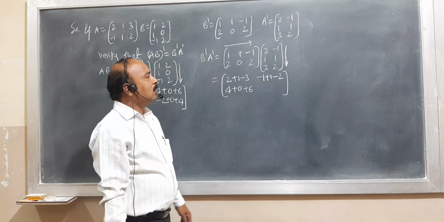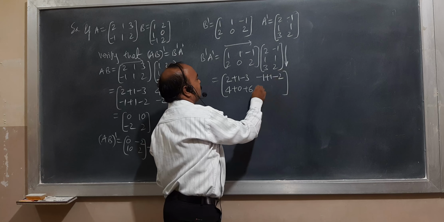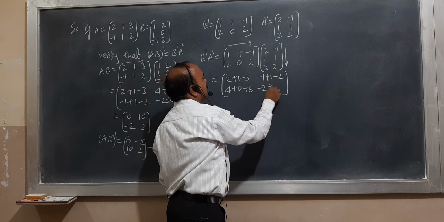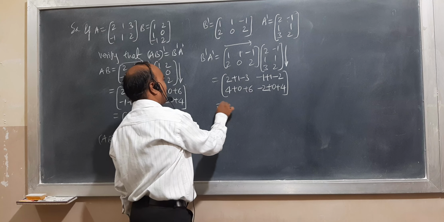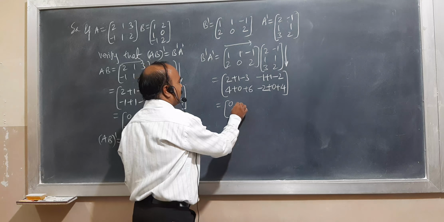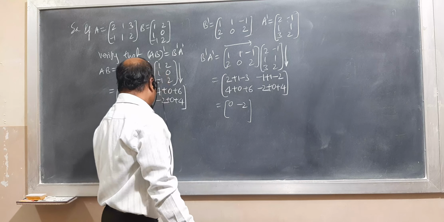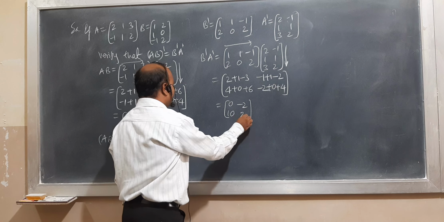It is second row in first column. Next, second row in second column. 2 into minus 1 is minus 2, 0 into 1 is 0, plus 2 into 2 is 4. Then we get 2 plus 1, 3 minus 3 is 0, plus 1 minus 1 cancel, minus 2. 4 plus 6 is 10. Minus 2 plus 4 is 2.